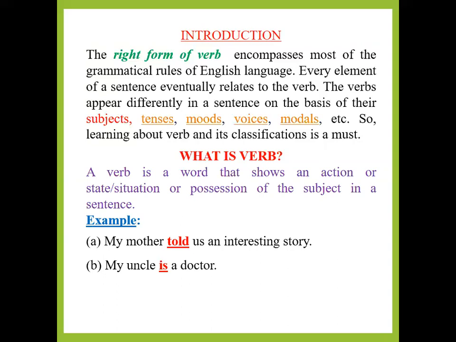My uncle is a doctor. In this sentence, the verb is states the state or situation of the subject, my uncle. In the next sentence, you have a car. The verb have tells us about the position of the subject, that is you.